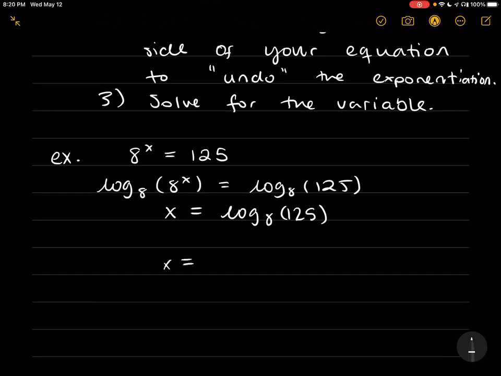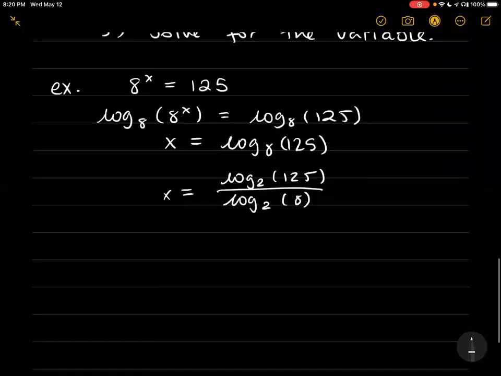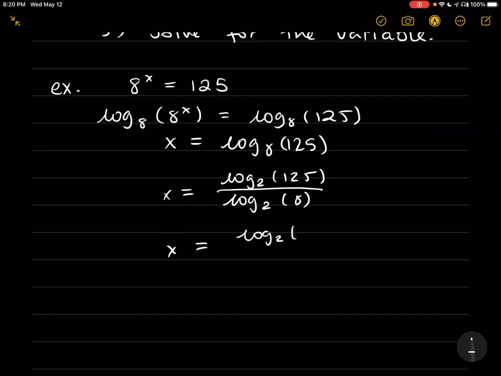You could go ahead and use the change of base formula. You could write this as log base 2 of 125 over log base 2 of 8. And the reason I did that is because 8 is a power of 2. In fact, log base 2 of 8 is going to be 3. So you get this. And then I'm going to rewrite this a little bit clearer. This is 1/3 times log base 2 of 125.